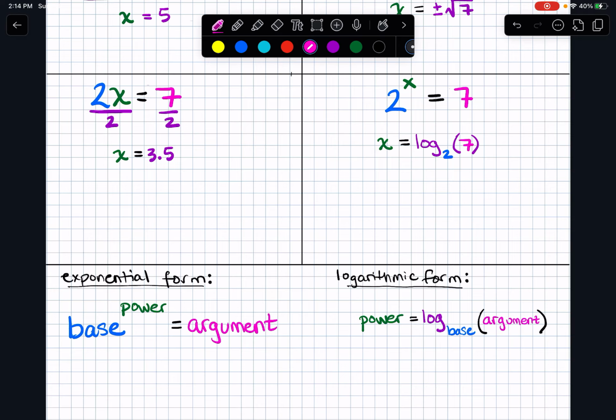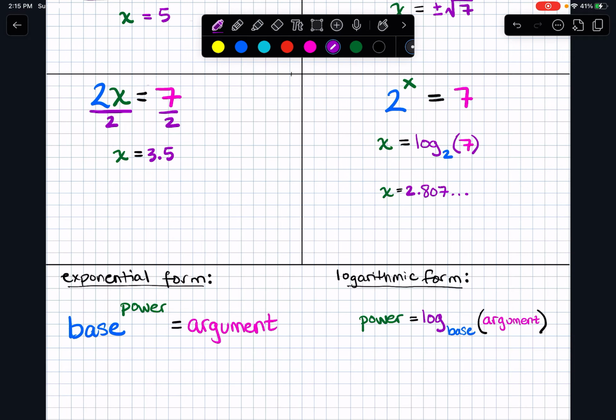So for instance, in this example, log base 2 of 7 would be 2.807. So 2 to the power of 2.807 will give us 7.